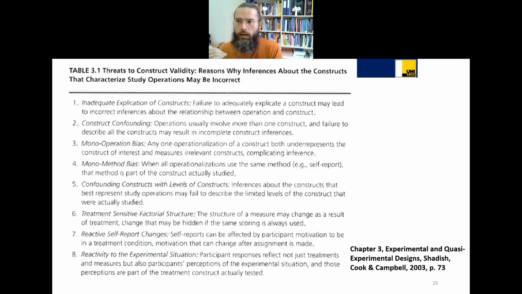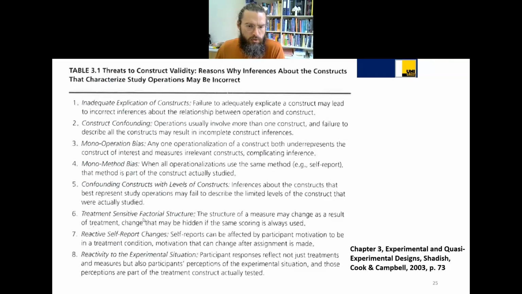This kind of problem occurs quite often because of sampling problems. The sample is too limited in comparison to how the theory is formulated. And so this is definitely a problem.